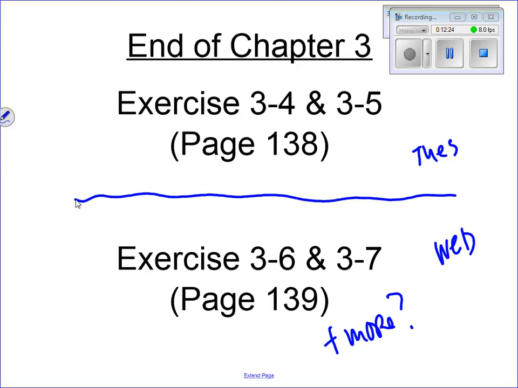I want to do those 2 exercises tomorrow and maybe even add a few more. I'm not going to move on to that last section of the book until Thursday. I want to do 2 days worth of work here, just so they really start to sink in with the different kinds. Please don't do exercise 3.6 and 3.7 over the evening by yourself. I'd rather work through them with you tomorrow. And as mentioned, I'm on page 138 in the book.